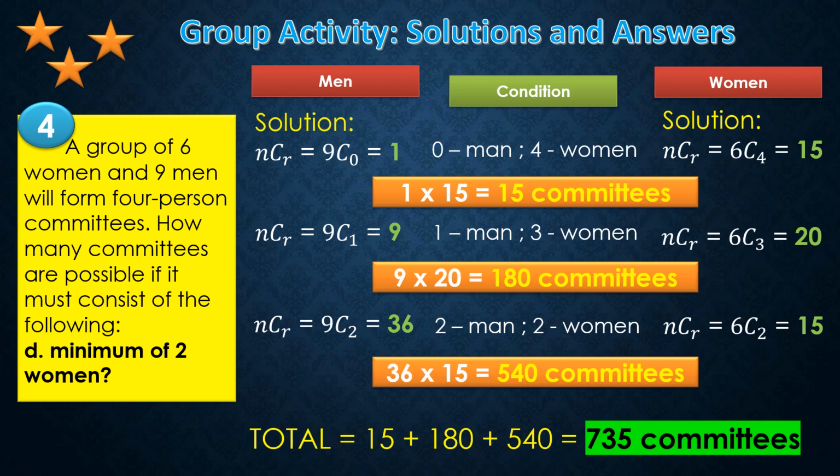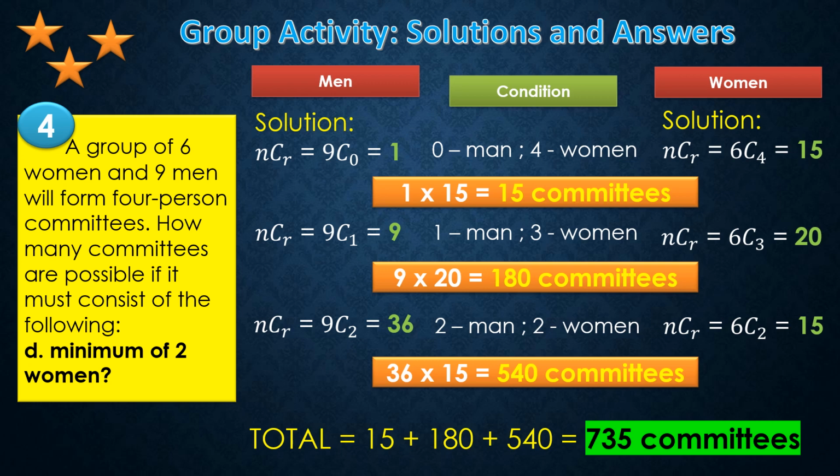Okay. How about a minimum of 2 women? So, as you can see on our screen, we have the men, condition, and women. In this part, like in the previous examples, the number of women must be at least 2.